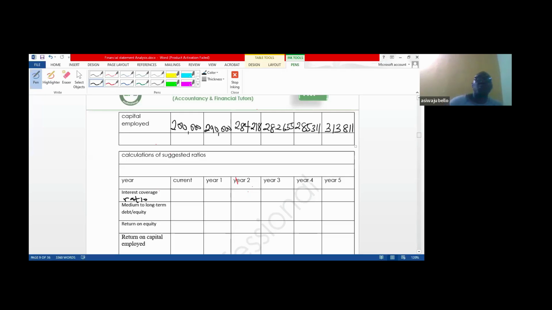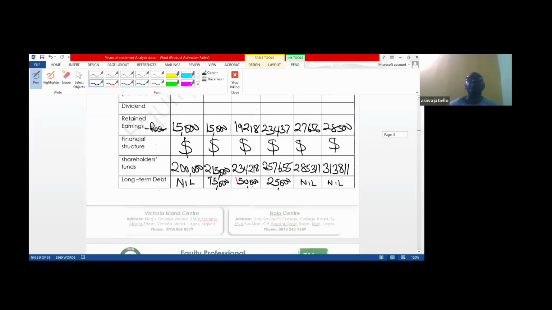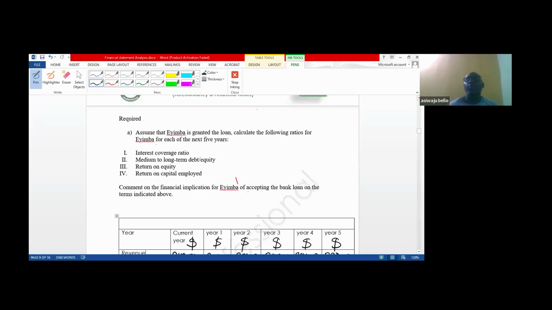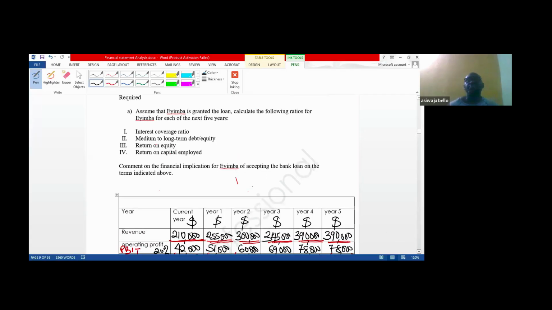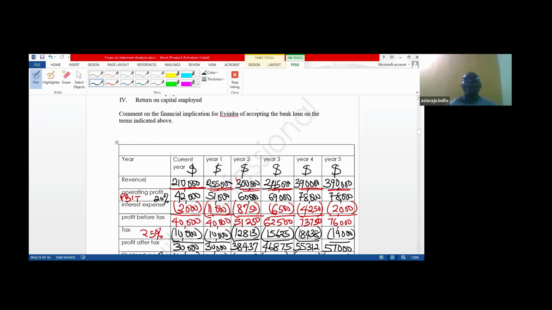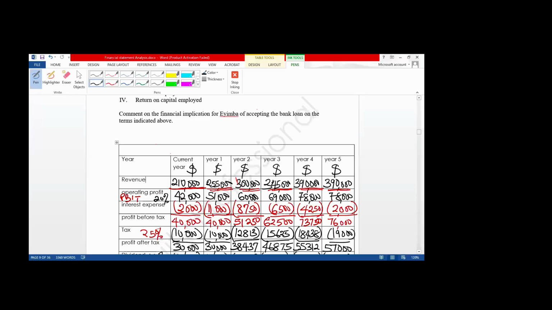So let's go to our computation. Current year, profit before interest and tax, 42,000. Interest expense, 2,000. Please divide. 21.